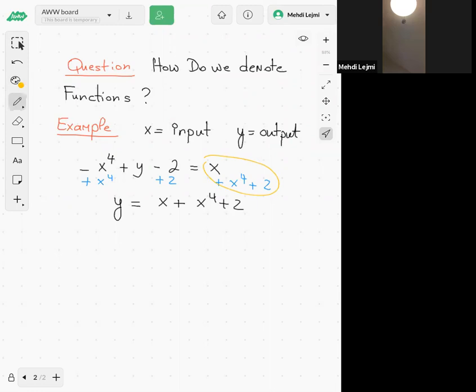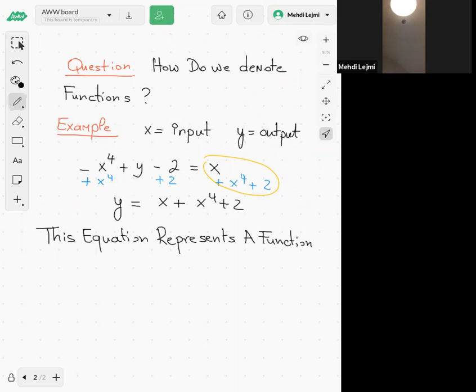And then we said this equation represents a function, because each input X corresponds to exactly one output Y, right?